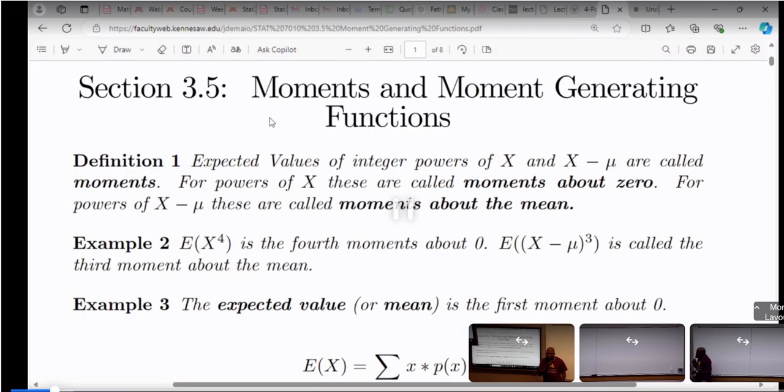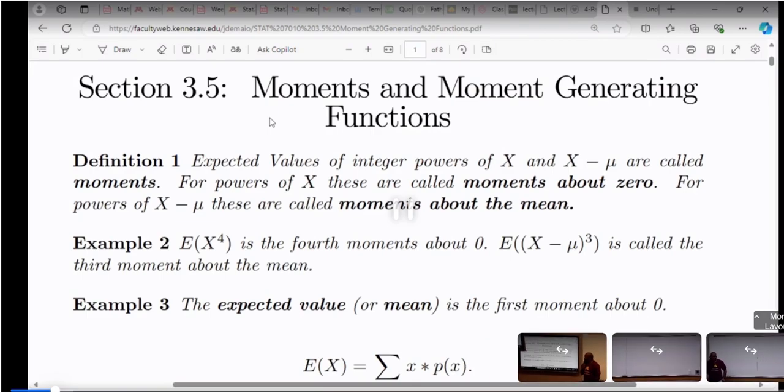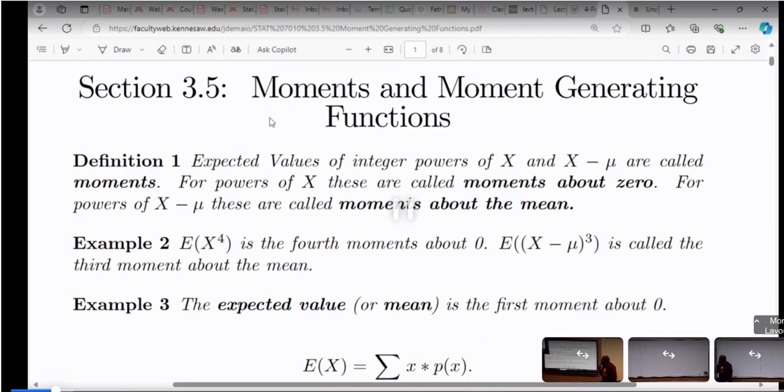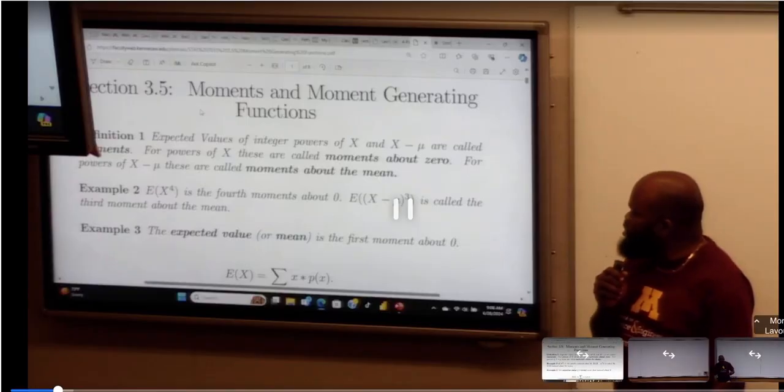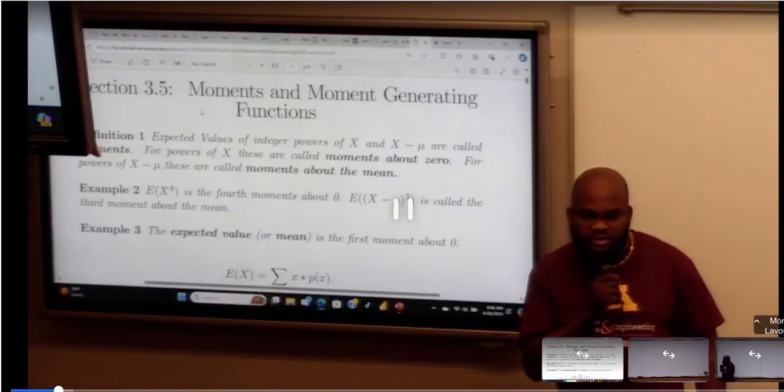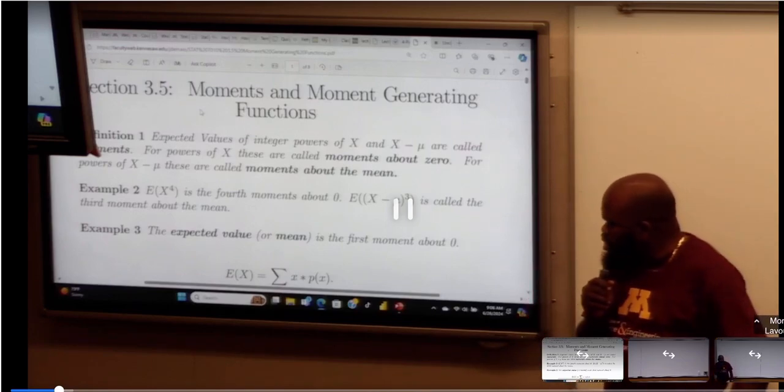I'm going to walk you through moment, and also an alternative approach that can be used to derive the mean and variance, which is the moment generating functions. I'm going to walk you through all of that.